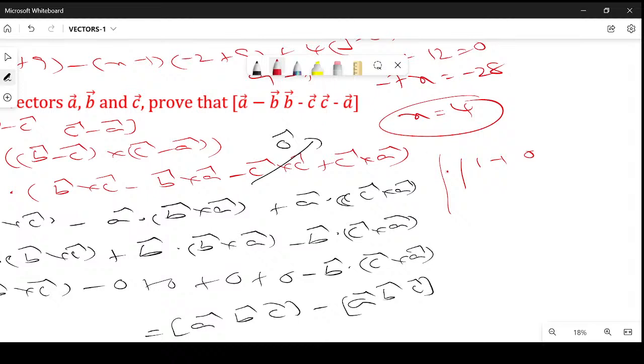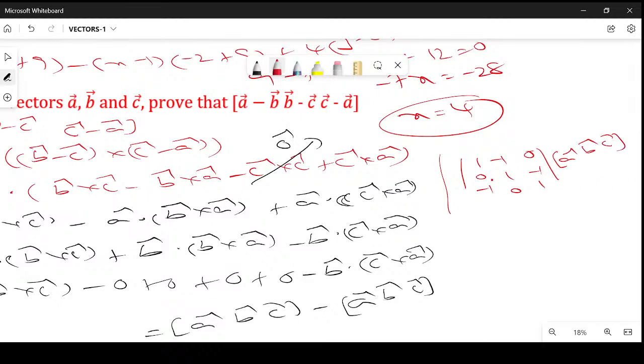In the second vector there is no a bar, 0, b bar is 1, c bar minus 1. In the third vector there is no b bar, so b bar is 0, and a bar is minus 1, c bar 1, into box a bar, b bar, c bar.